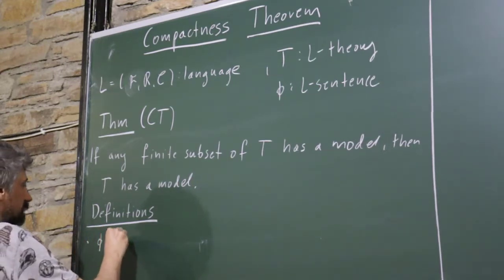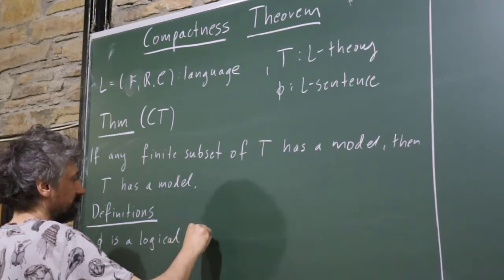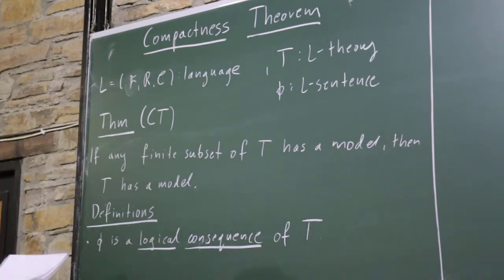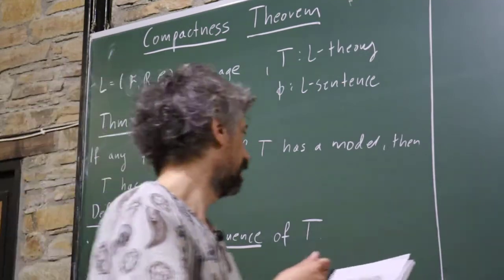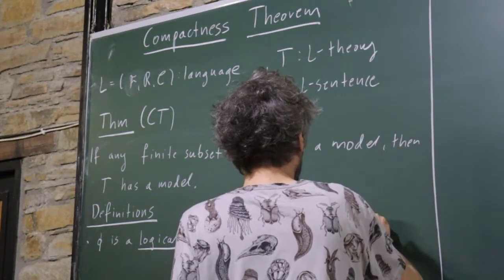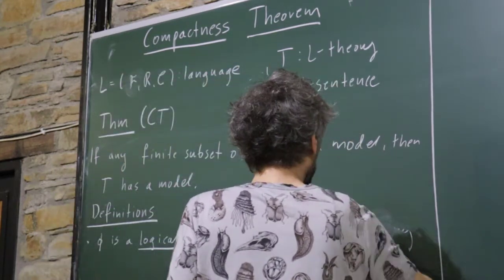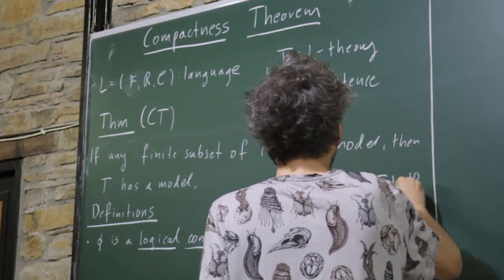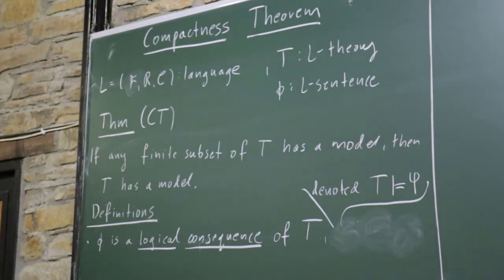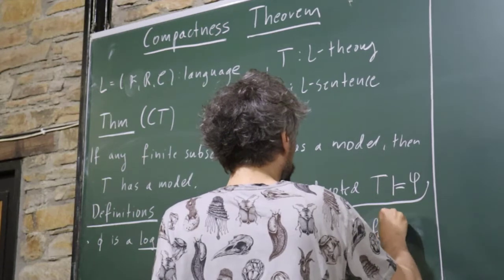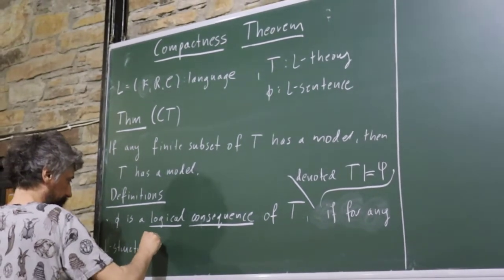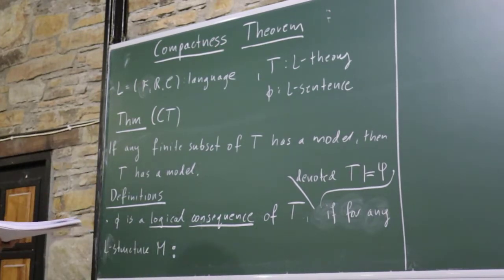So we say that phi is a logical consequence of the theory T. A sentence is a consequence of a theory, denoted in such a way, if, for any L structure M, the following holds: if M satisfies T, then M satisfies phi.